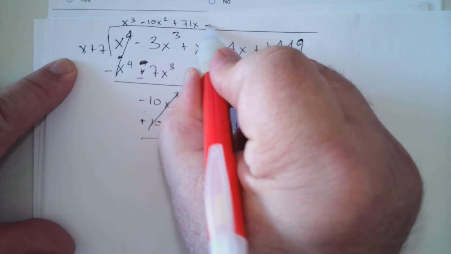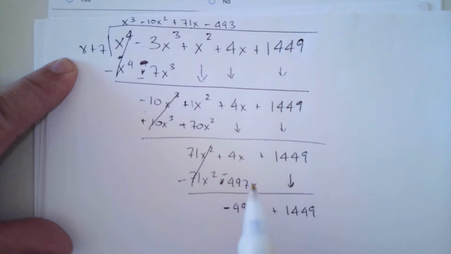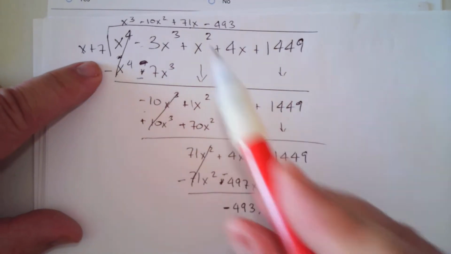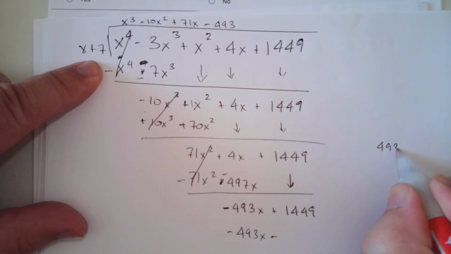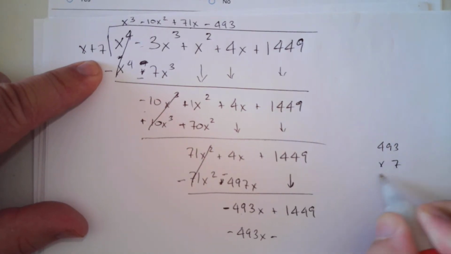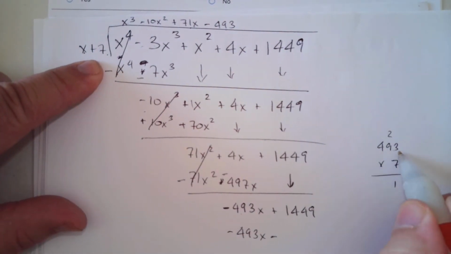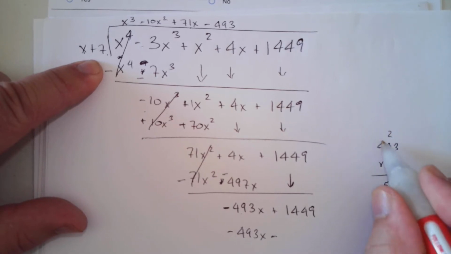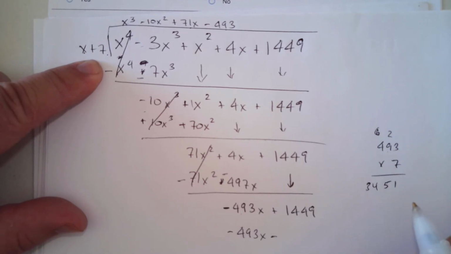So it's negative 493 times x is negative 493x. Negative and positive is a negative. 493 times 7. 3 times 7 is 21. 63 plus 2, 65. 28 plus 6 is 34.